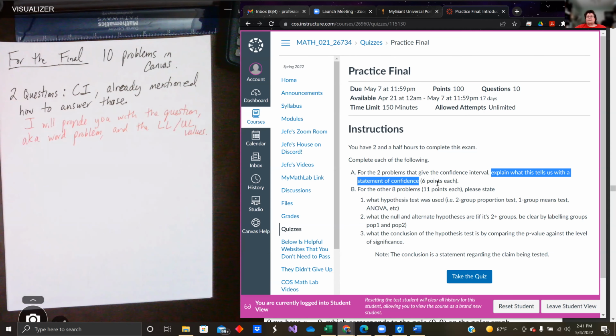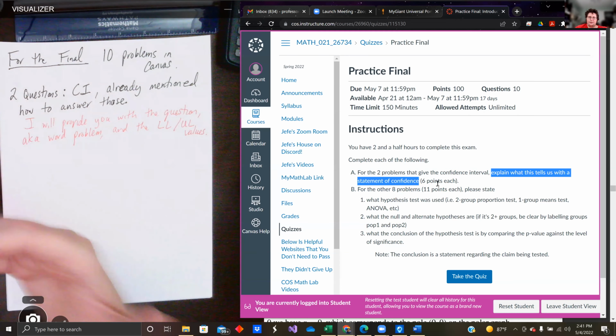And we'll answer it like we said earlier. We're so-and-so % confident that the true proportion, if it's a proportion confidence interval, or the true mean, if it's a means confidence interval, for so-and-so problem lies between this value and this value.